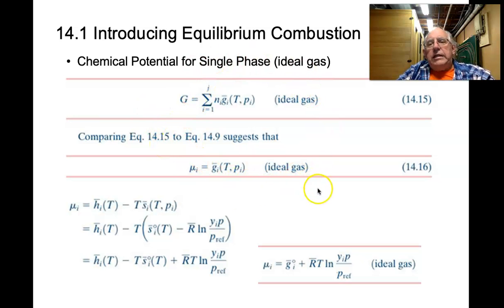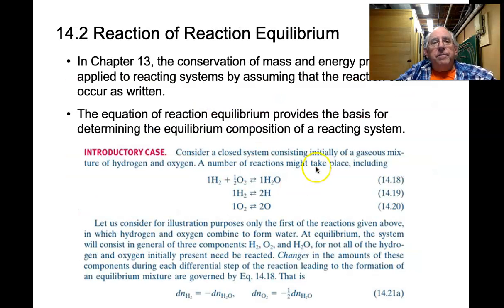We'll see this in later calculations. Again, it's all about finding the final equilibrium composition associated with a mixture that has just a single phase, in this case the ideal gas phase.